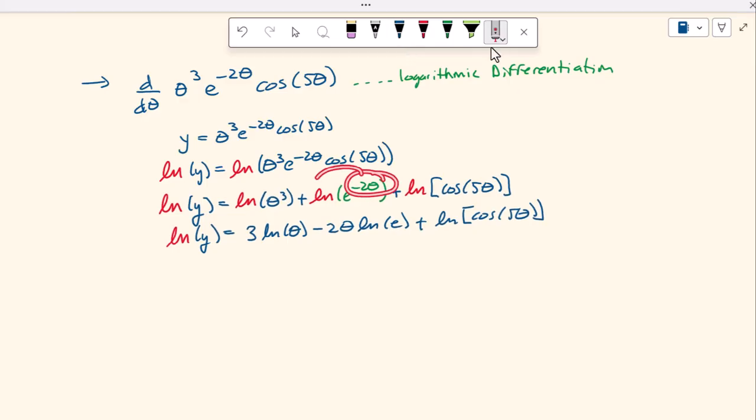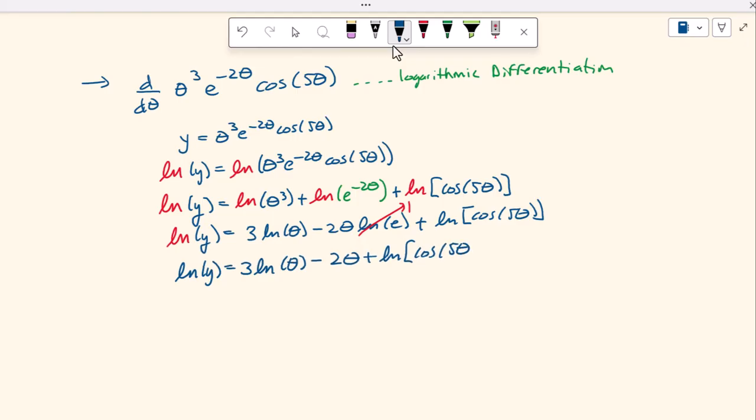Now the nice thing about this is the natural log of e is 1. So when I rewrite this, I have the natural log of y equals 3 ln of theta minus 2 theta plus the ln of the cosine of 5 theta. We still haven't taken the derivative. We're just simplifying. We're preparing it to have the derivative taken.